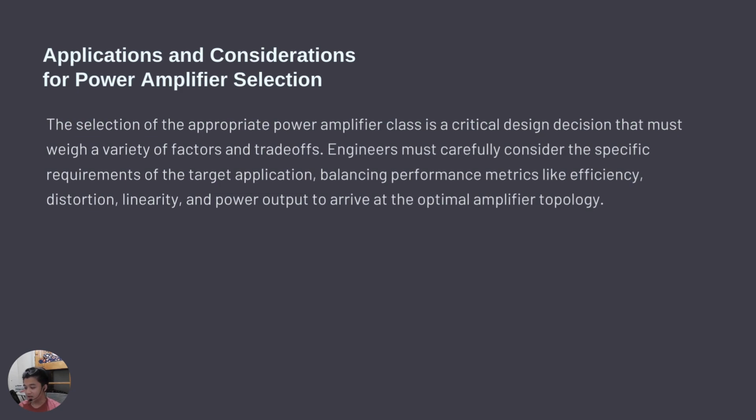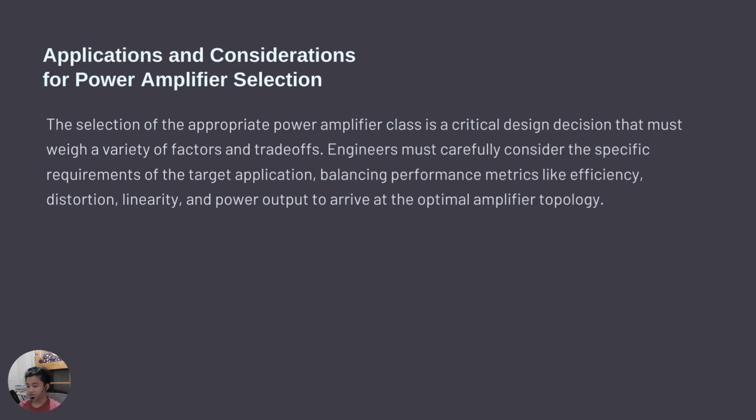The extremely high efficiency of Class D, reaching up to 90%, allows for significant power delivery while minimizing heat dissipation and battery drain. However, the additional complexity of the digital control circuitry and the need for careful filtering of switching noise must be carefully addressed.